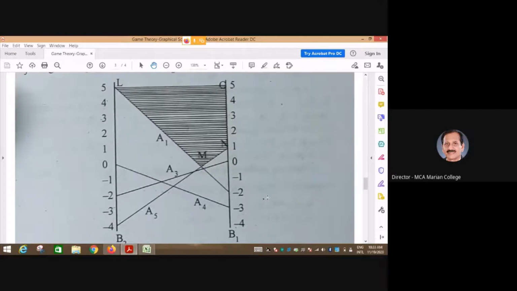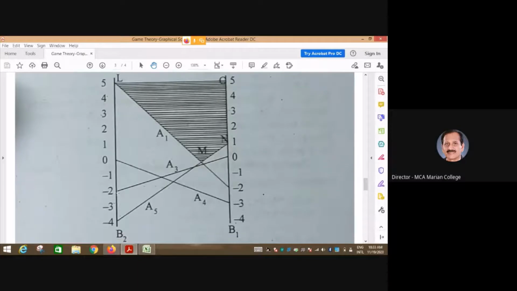The same way you can draw A3. A3 is 0 and minus 2. 0 on B1 and minus 2 on B2. And you can join those points so that you will get the line corresponding to strategy A3. Then comes A4. For A4, the values are minus 3 and 0.